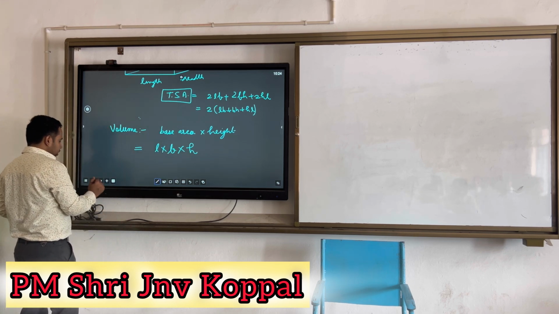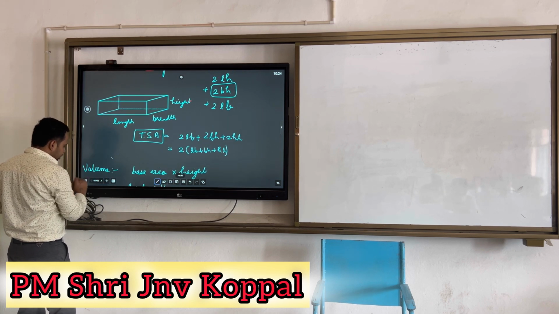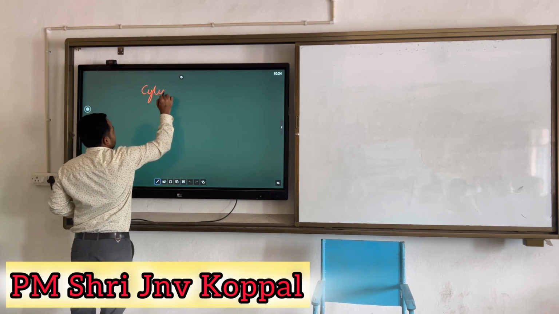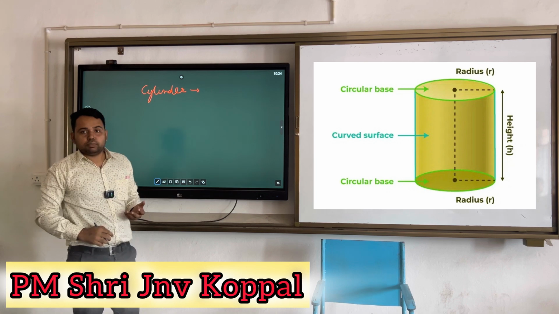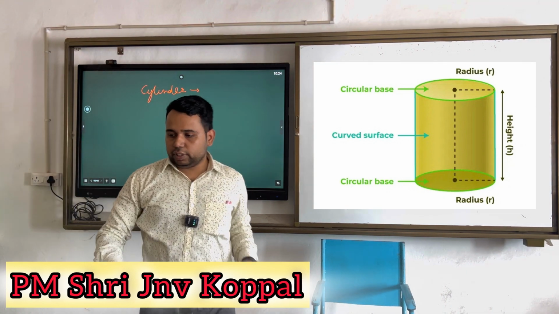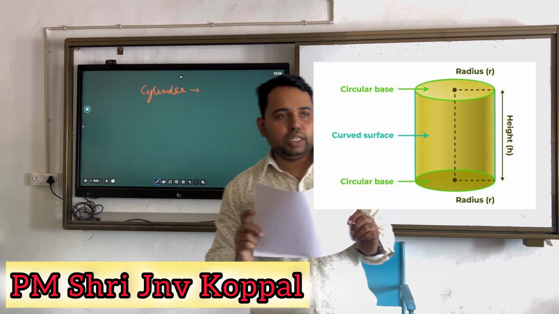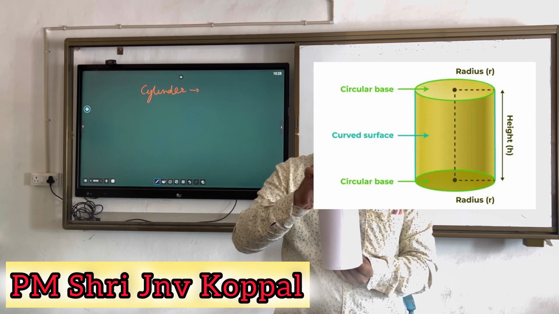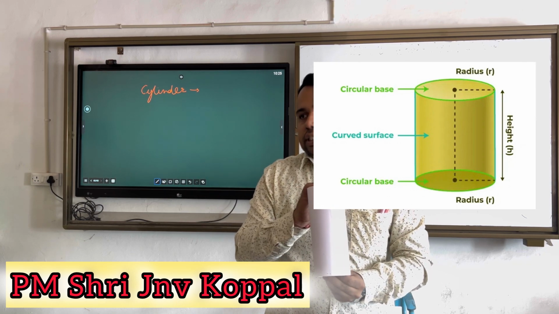Similarly, we will discuss the next topic, that is our cylinder. You know cylinder, how does a cylinder become? We know that if we have a piece of paper, meaning a rectangle, if we overlap it like that, we can get one cylinder. Meaning the rectangle's area is equal to the area of the cylinder.